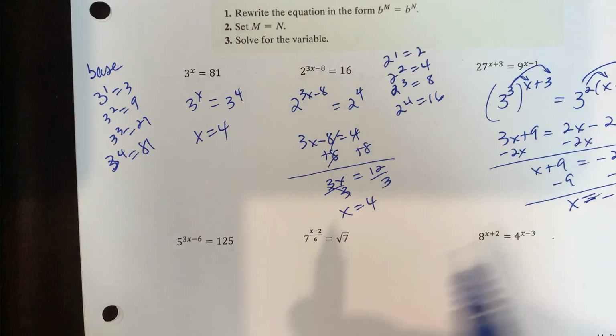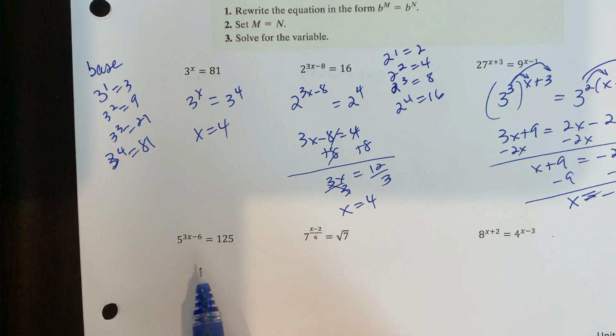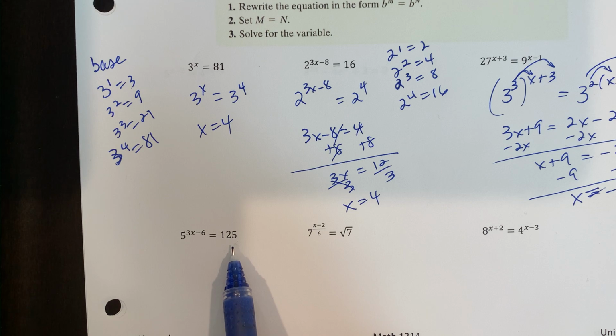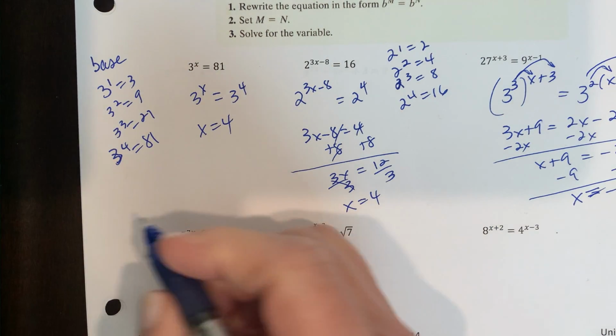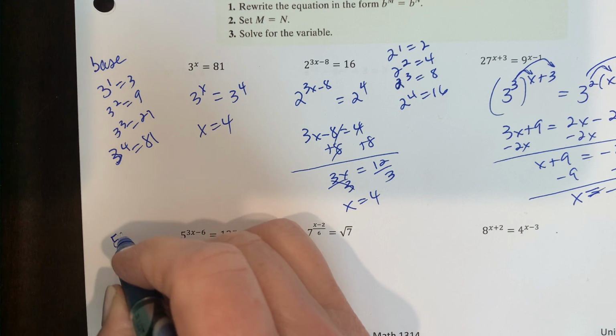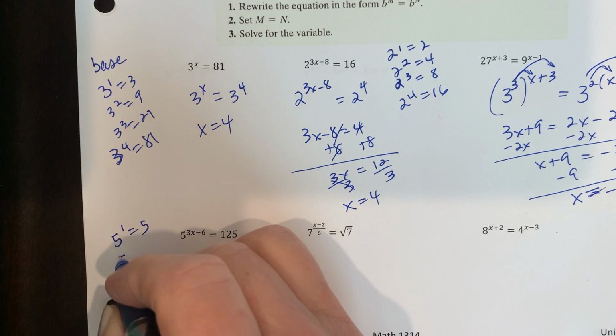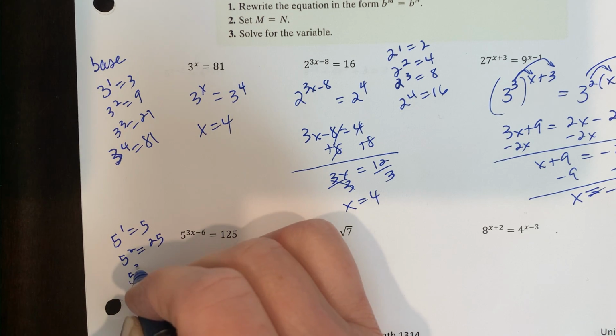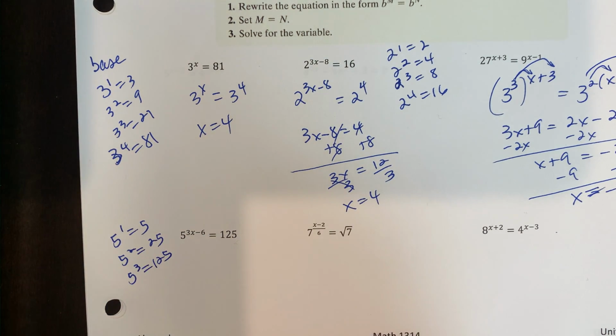Okay, then the next one, let's see. I told you sometimes the smaller number will give you a clue to what base to use. Shh. So I'm going to think about 5. 5 to the first is 5. 5 squared is 25. 5 to the third is 125.